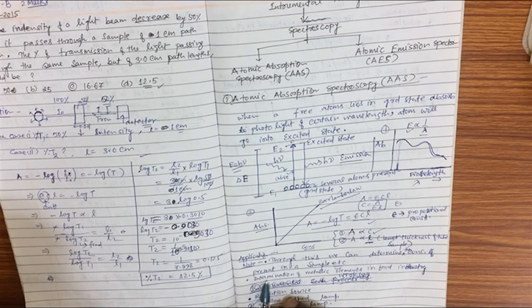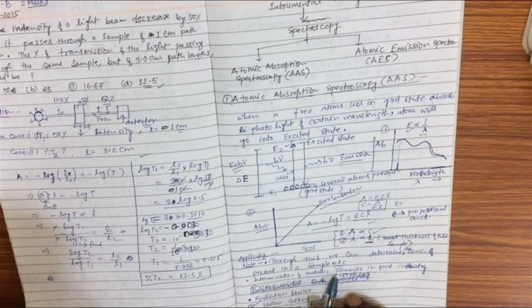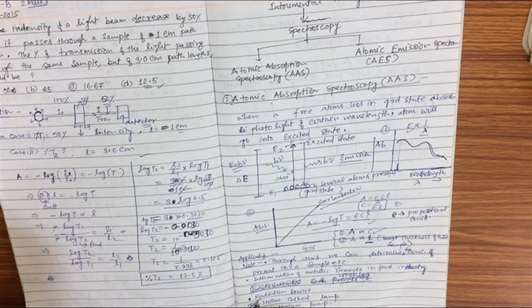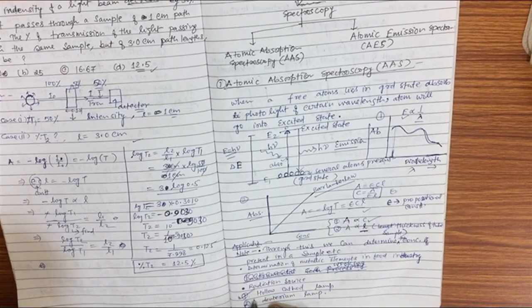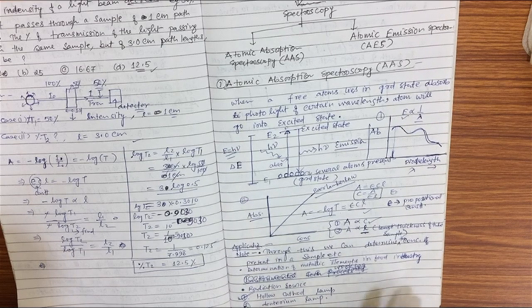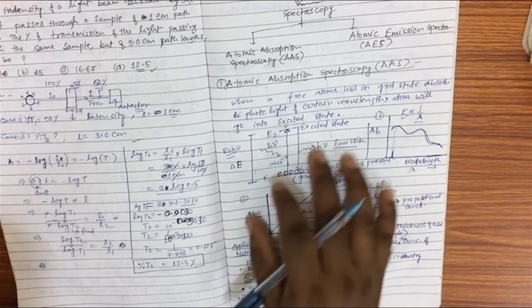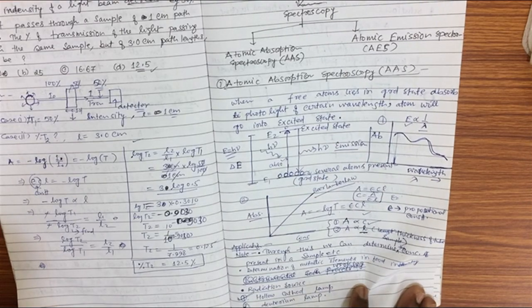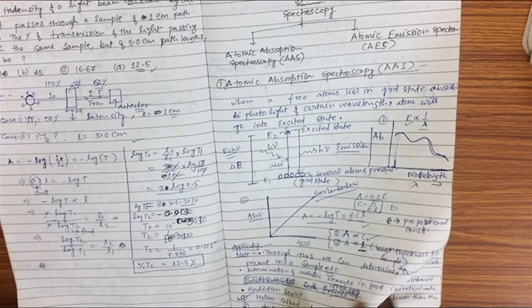Through this technique we can detect metallic elements. Which type of radiation source do we use here? Basically a hollow cathode lamp is used, and a deuterium lamp is also used. This is the basic introduction of atomic absorption spectroscopy.